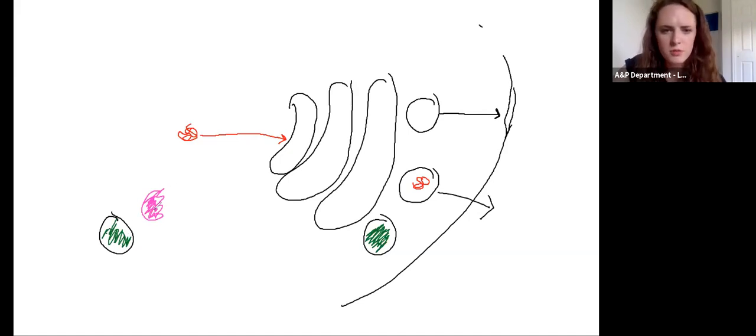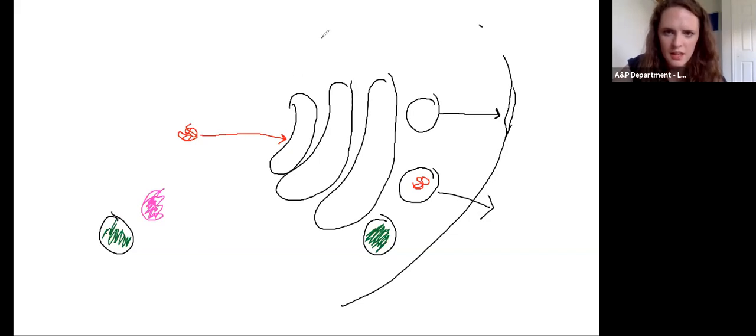It will fuse with it and then break down that broken ribosome until it's just left with its parts, and then those parts can be recycled. Okay, so that's the garbage man function. The ribosome broke, the lysosome came up, fused with it, and got rid of the broken ribosome.